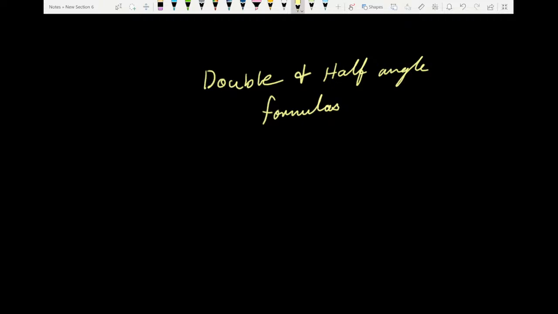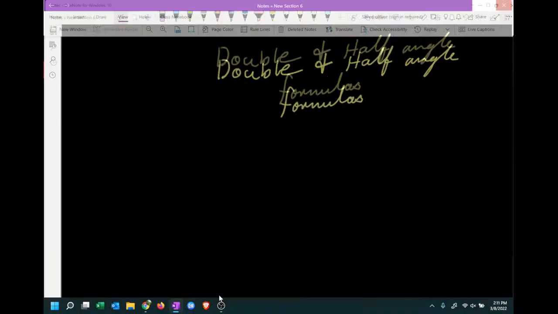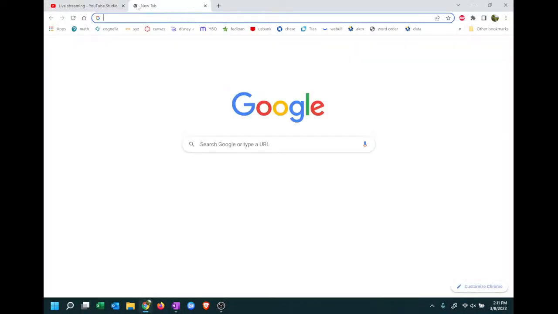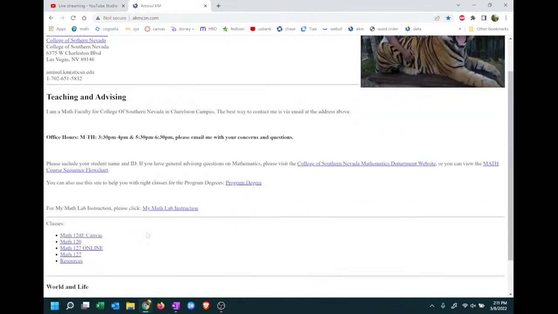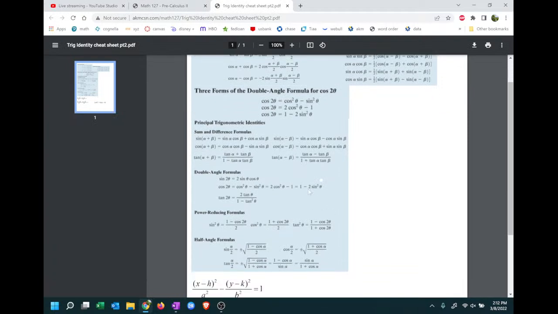It's going to be very similar to what we did last time. Let me go to that page to find the double and half angle formulas, the 127 trig formula sheet right over here.